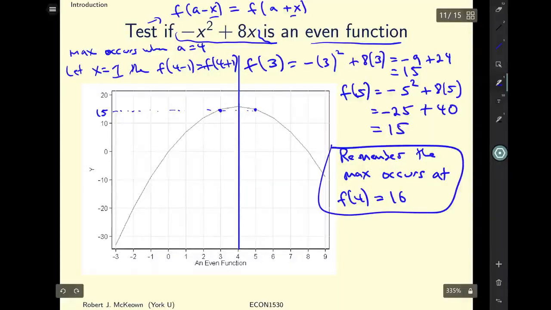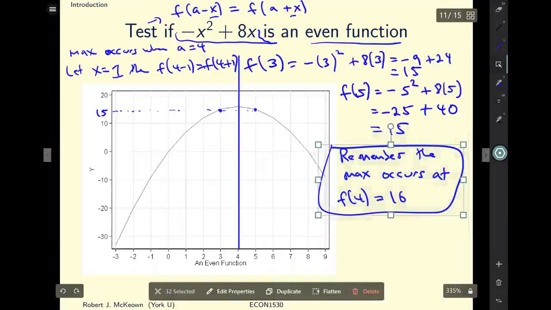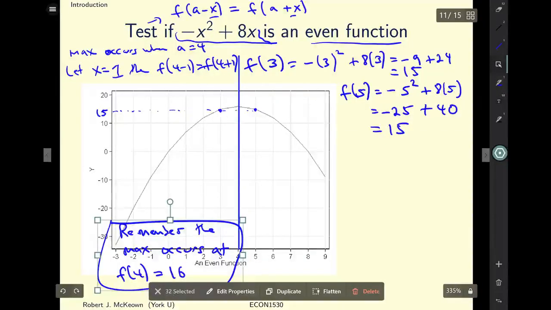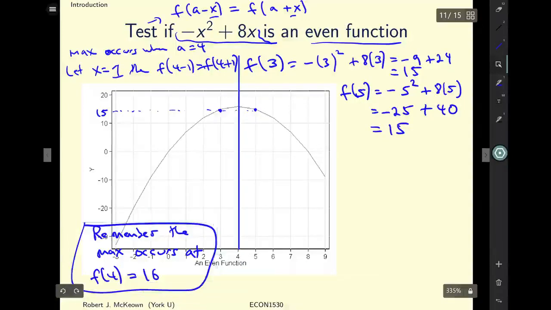But that's really just an aside, because if I take this and I move it over here, we can see that f of 3 is equal to f of 5.